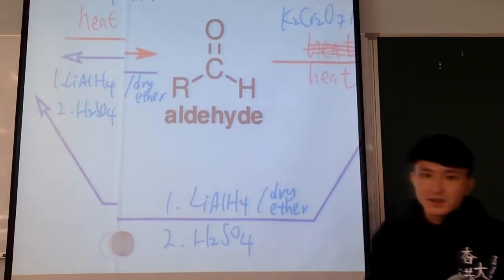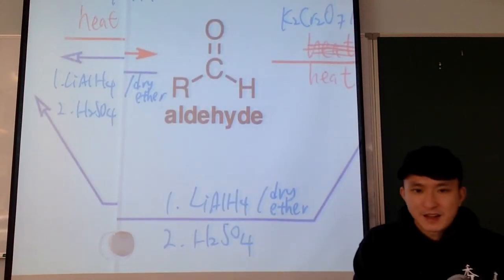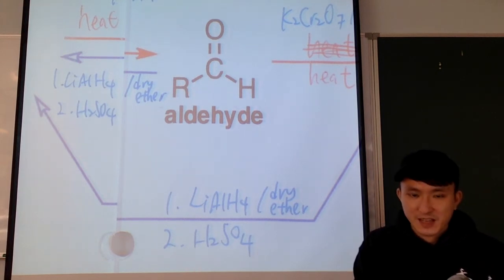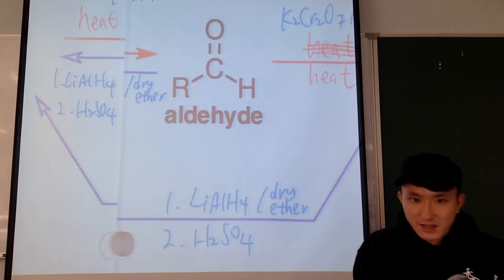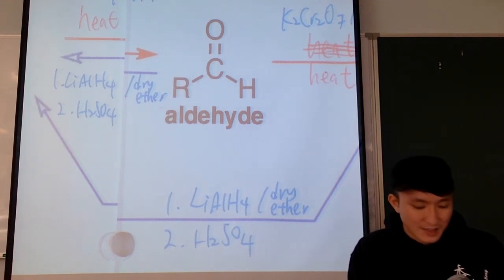So lithium aluminium hydride is better to memorize because it is the powerful reducing agent that can reduce basically all the organic compounds: the aldehyde, ketone, carboxylic acid. If you use sodium borohydride, it doesn't work for carboxylic acid.